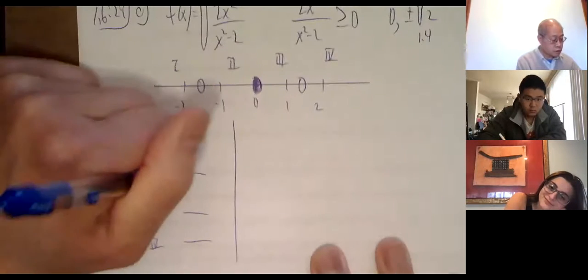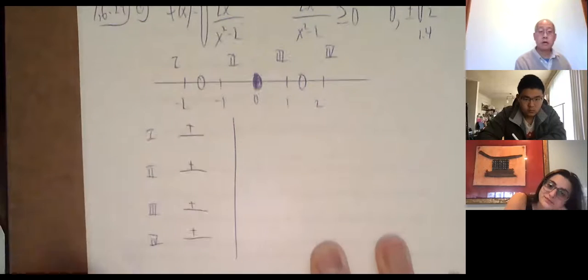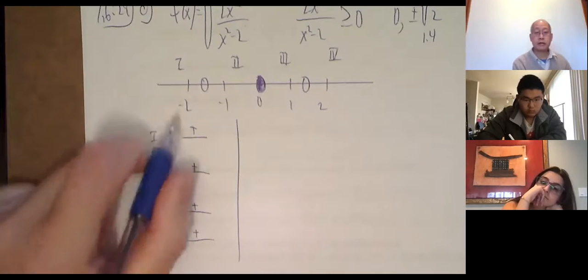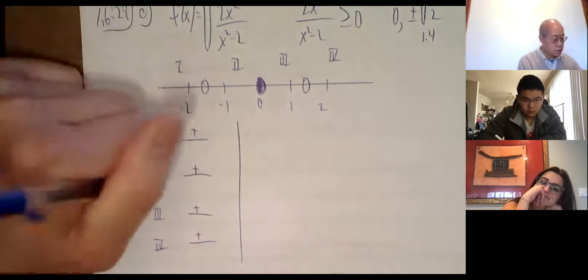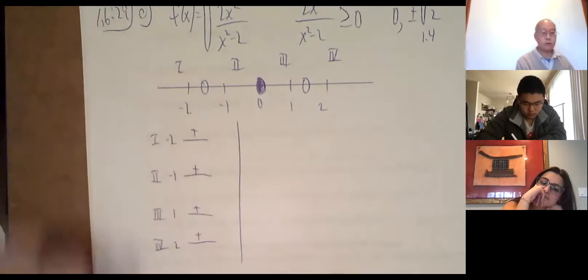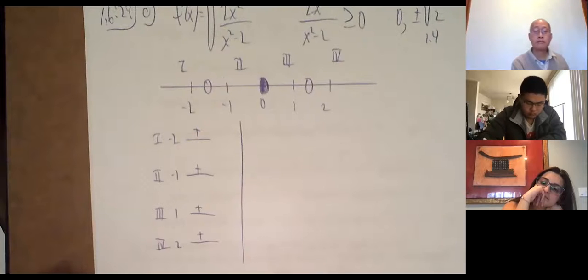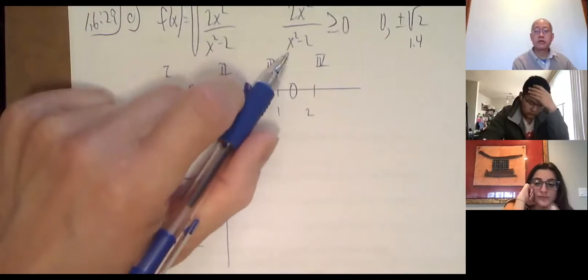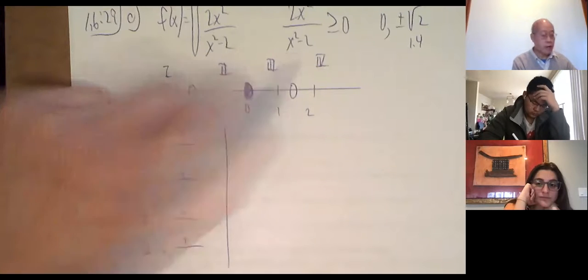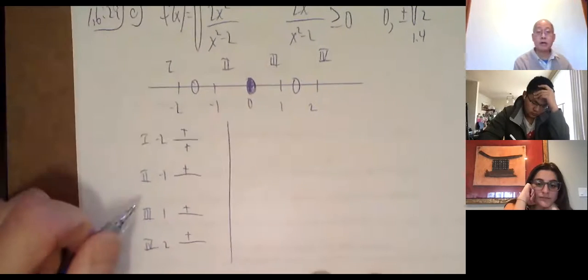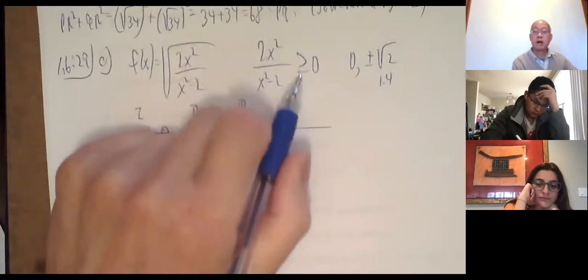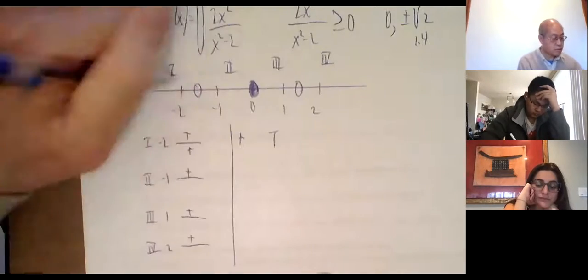I'll pick my numbers: negative 2, negative 1, 1, and 2. Negative 2 squared is 4. 4 minus 2 is positive. Positive divided by positive is positive. Positive greater than or equal to 0, that's true.